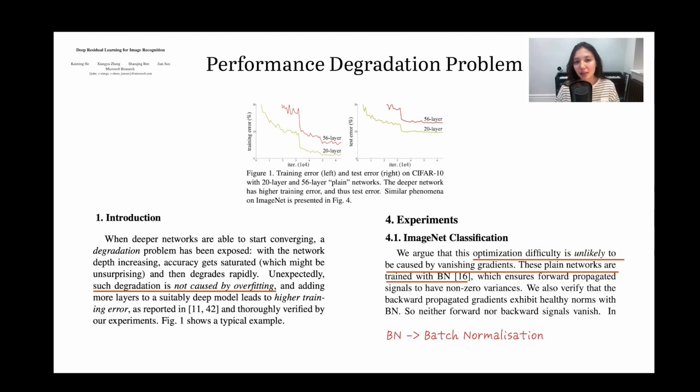As you can see, the deeper network has higher training error and thus test error. Authors also claim that this problem is not caused by overfitting. It's also not caused by vanishing gradients problem, because they applied batch normalization to all networks, which is one of the most popular solutions to this problem.